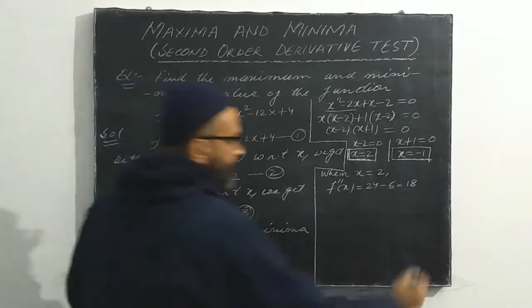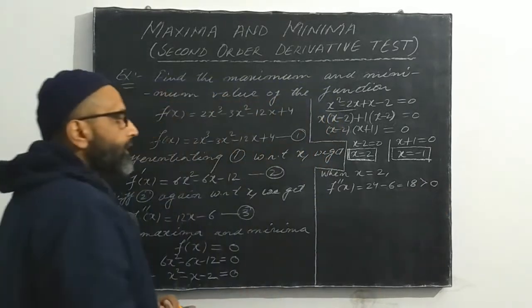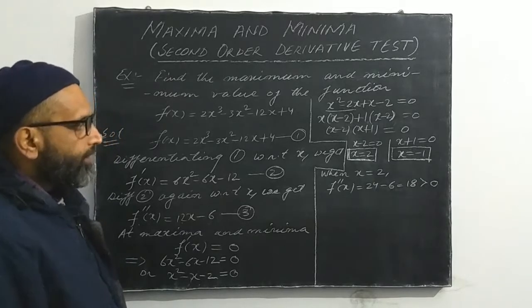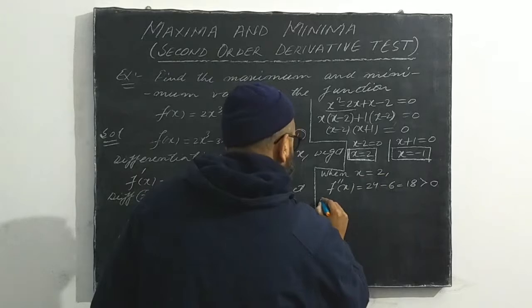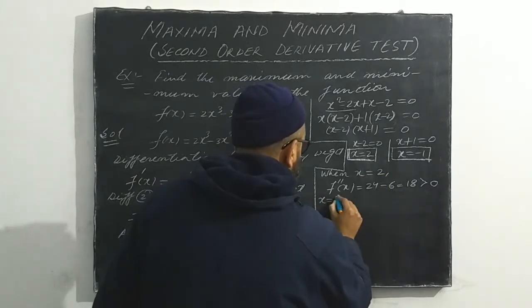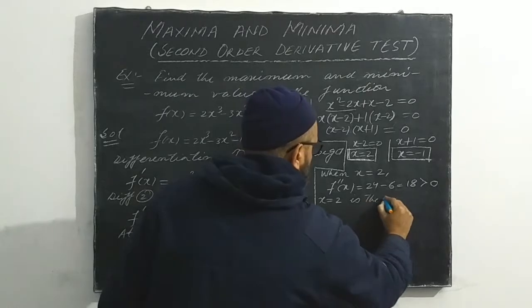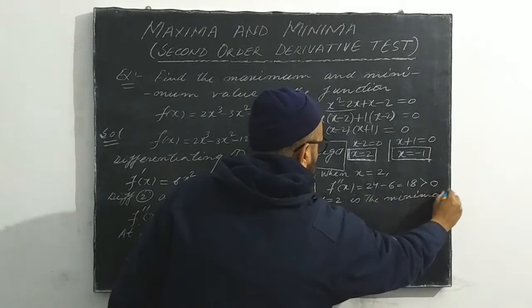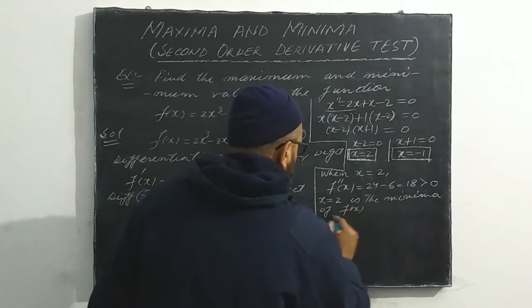So obviously it is a positive number, so f double dash x is positive. So according to second order derivative test, the function has its minima at x is equal to 2. So x is equal to 2 is the minima of f(x).